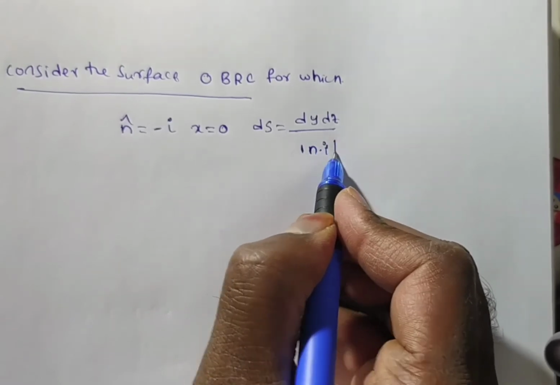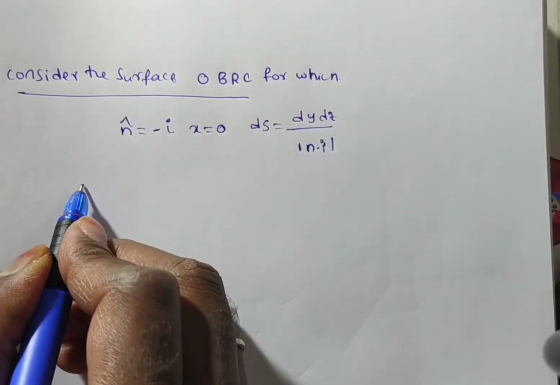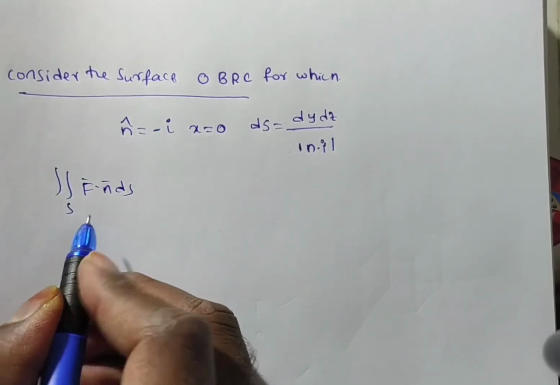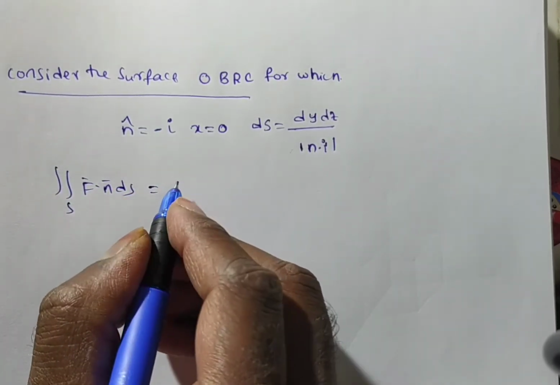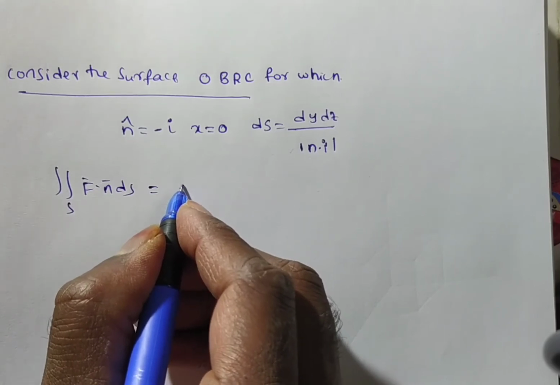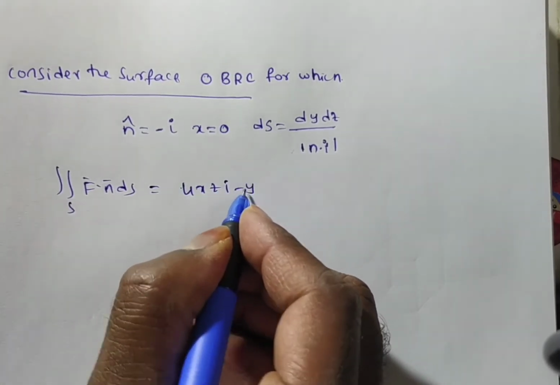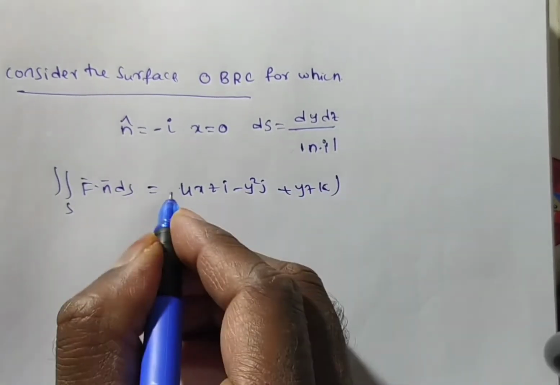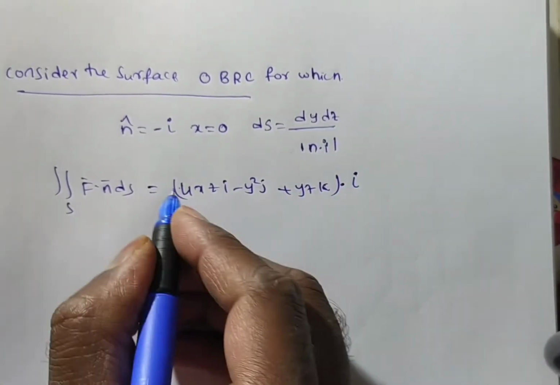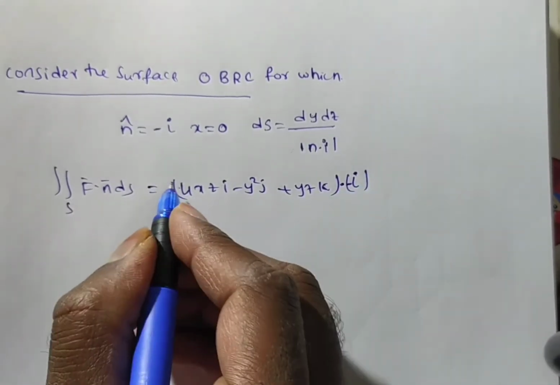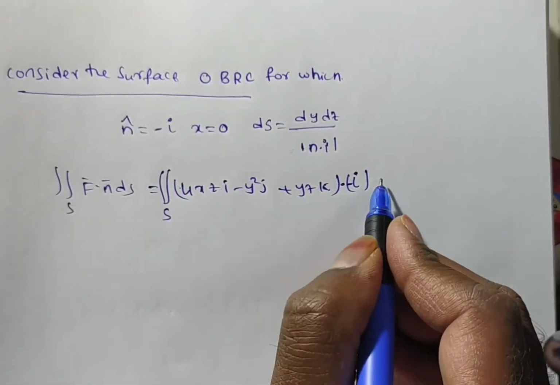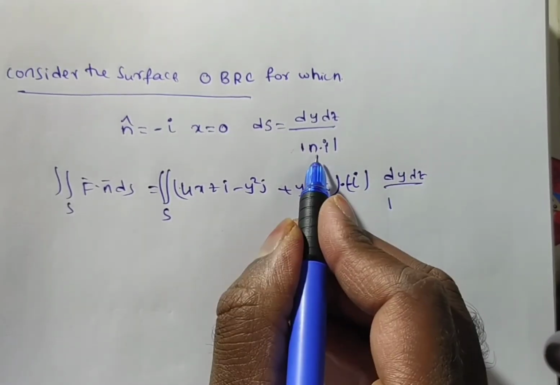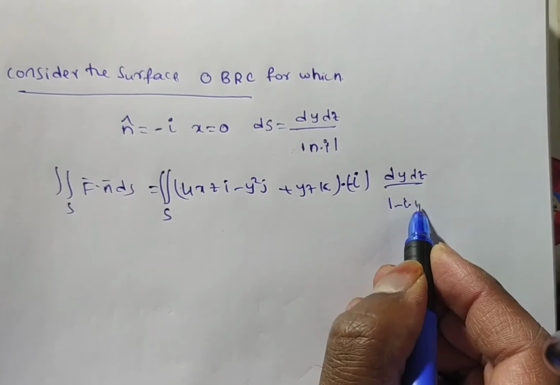In this case ds is equal to dy dz by mod of n bar dot i. Okay na. Now again we need to write double integral over s of f bar dot n bar ds is equal to, what is f bar we have means here, f bar is equal to 4xz i minus y square j plus yz k dot, this is i, which i, negative i, okay na, double integral over s into ds is nothing but here dy dz by, what is n bar here, you have minus i dot i, that's it.